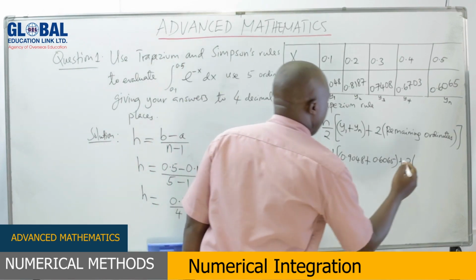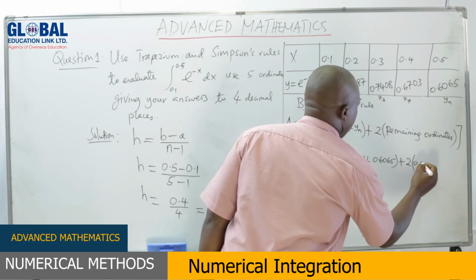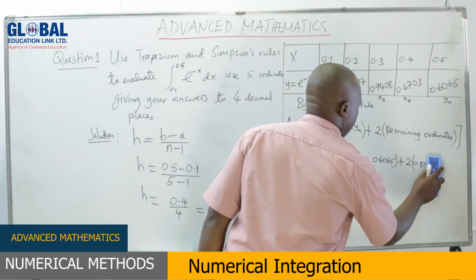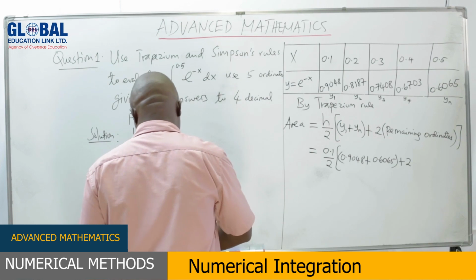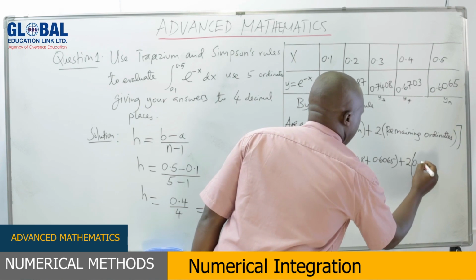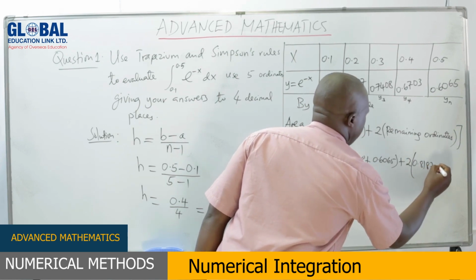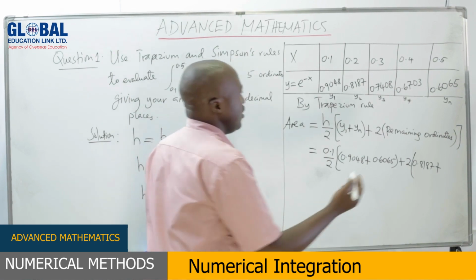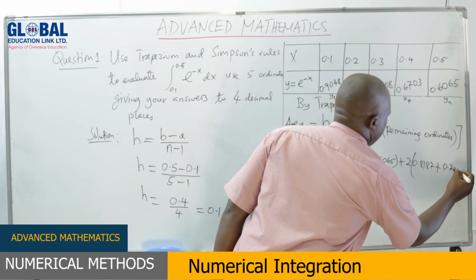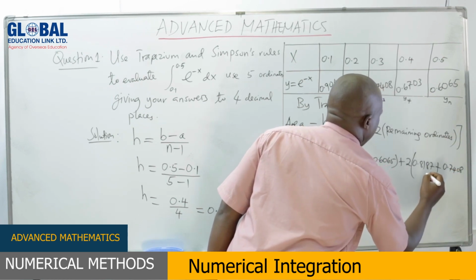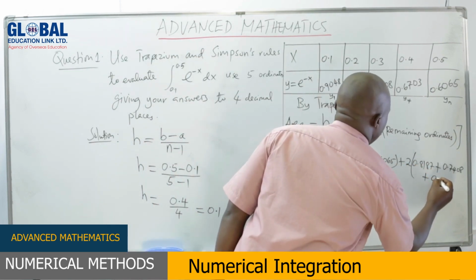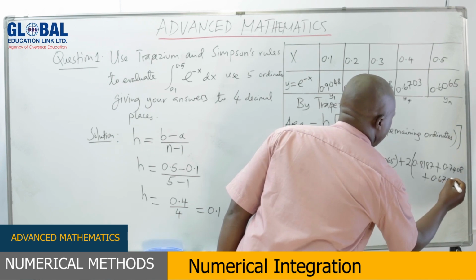So in this case, we are going to have 0.8187 plus, then the next is 0.7408, and the last one will be y4, that is 0.6703.